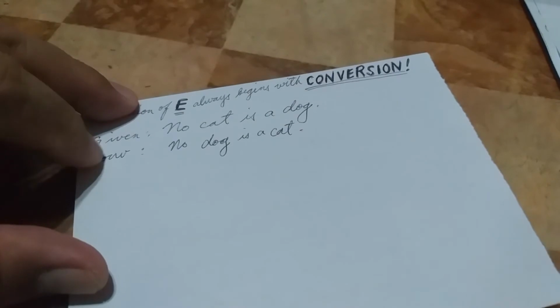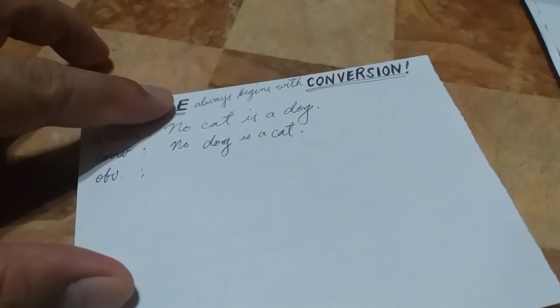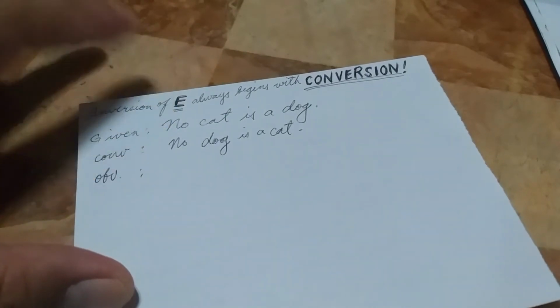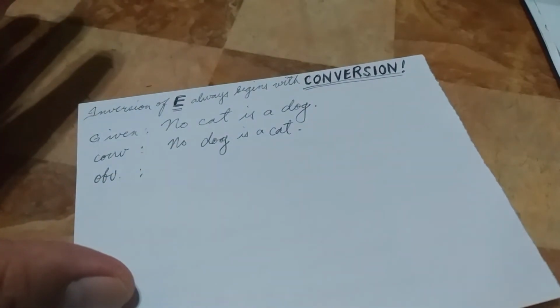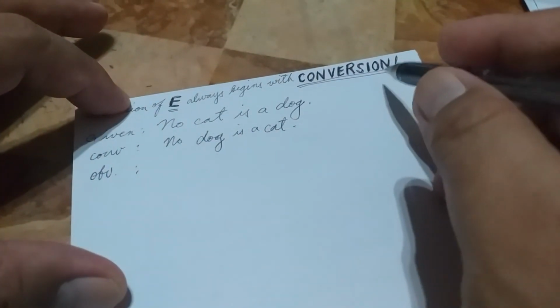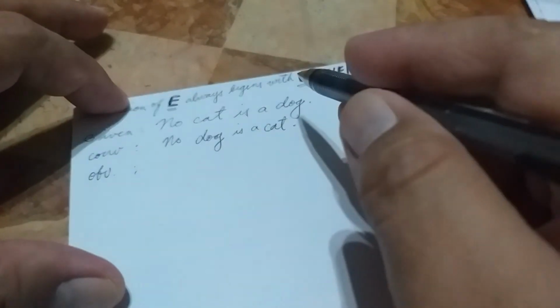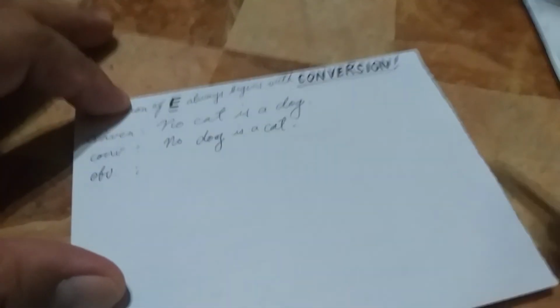The next one, what are you going to do next? You're going to do obversion. The inversion of E is different from A. Always remember that. So just follow this rule, and do not forget to follow the three-step rule of conversion and obversion. For obversion, first step, just retain the subject, dog.